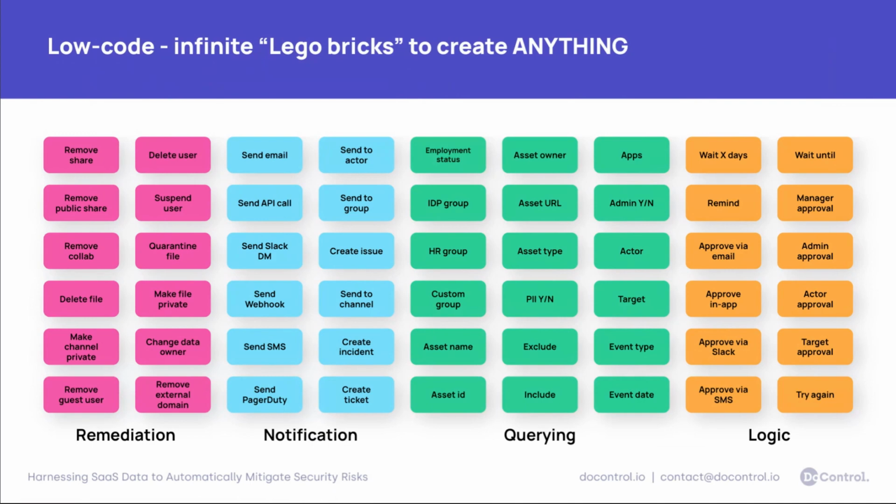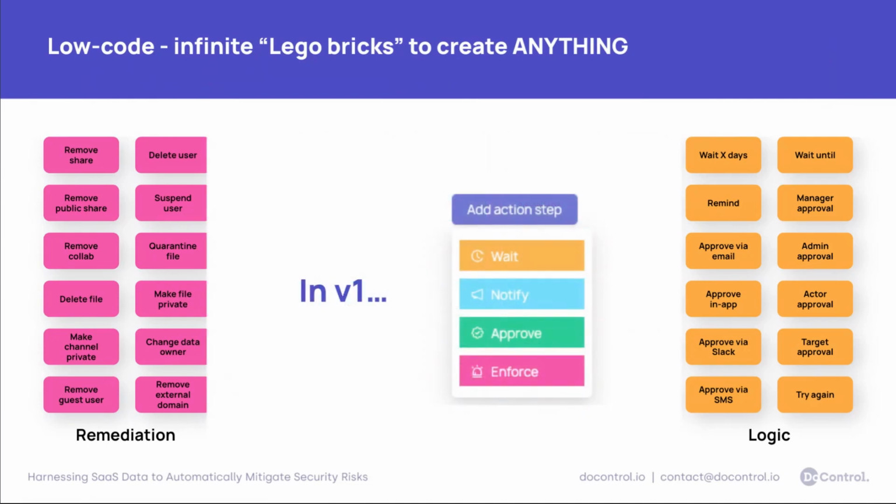And those building blocks exponentially increase the options to create any workflow or logic to support any, even the craziest, use case they may desire. Compare it to what we have today in our first generation, where we had only 4 building blocks.